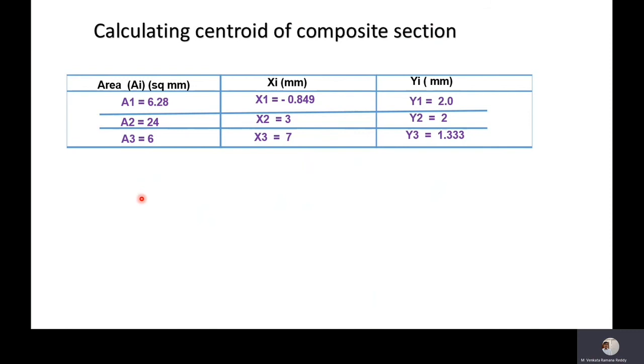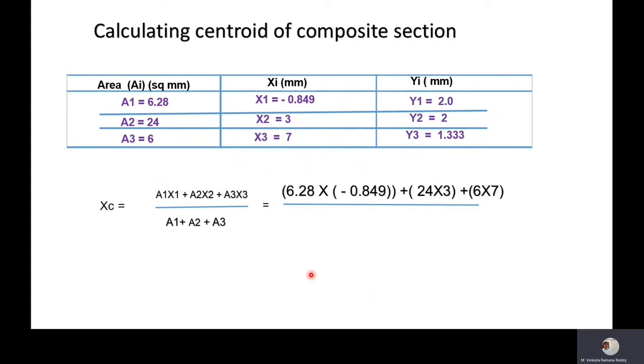That is, xc is equal to a1x1 plus a2x2 plus a3x3 by a1 plus a2 plus a3. We substitute the a1, a2, a3 values and x1, x2, x3 values in this equation. After simplifying, we will get xc is equal to 2.995.